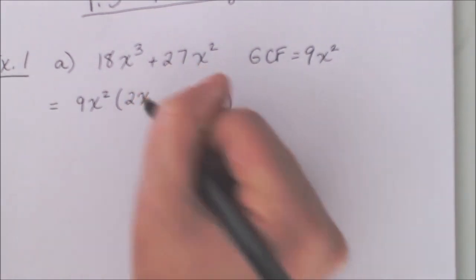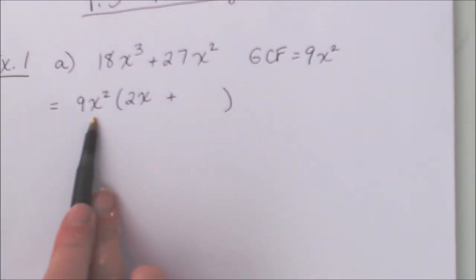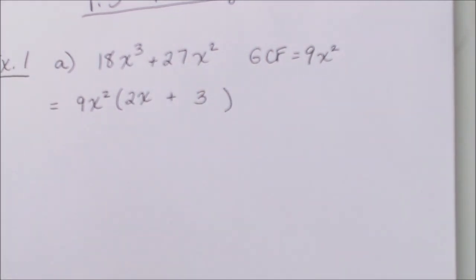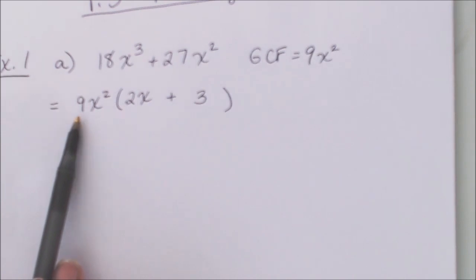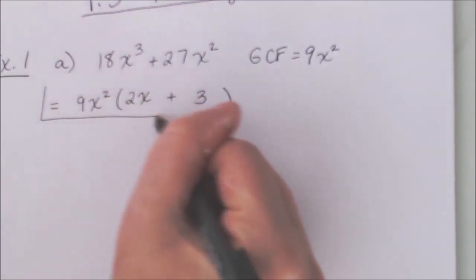And so that would be 2x. And then for the other term, what would I multiply 9x squared by so that I get 27x squared? And that would just be 3. It doesn't need any other variable because it only needed x squared, and that's what we had as part of our GCF. So the only thing we can do with this is factor out the GCF. We have 9x squared times 2x plus 3, and that's going to be completely factored.